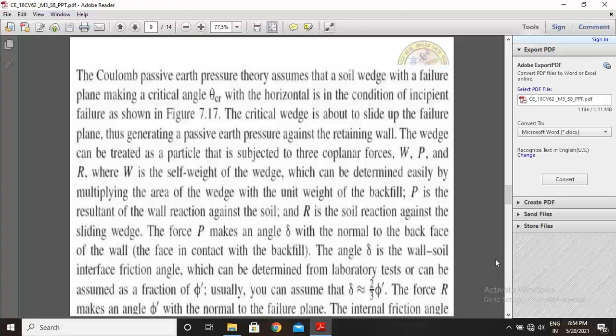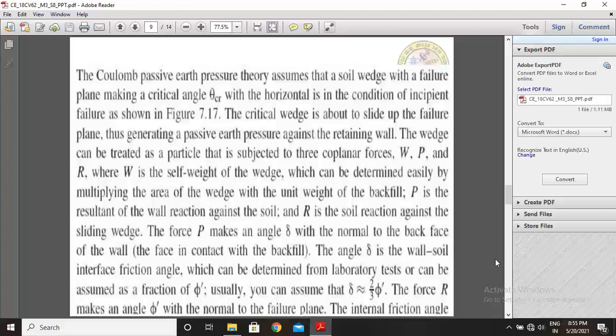The force P makes an angle delta with the normal to the back face of the wall. The angle delta is the wall soil interface friction angle, which can be determined from laboratory tests or can be assumed as a fraction of phi dash, that is the angle of friction of soil. Usually you can assume that delta equals 2/3 of phi dash.